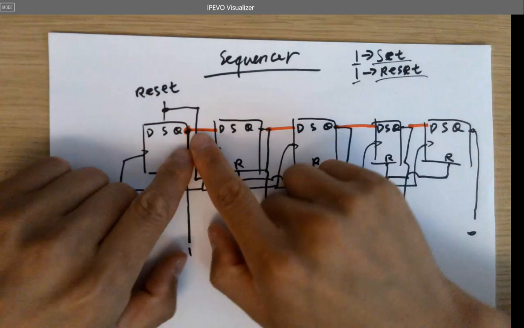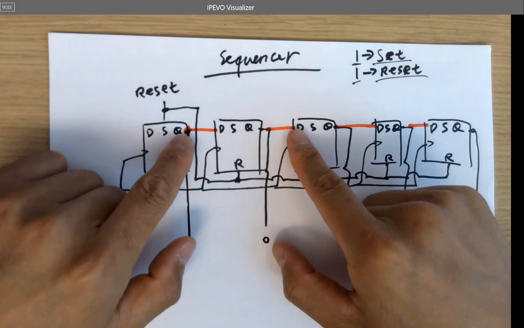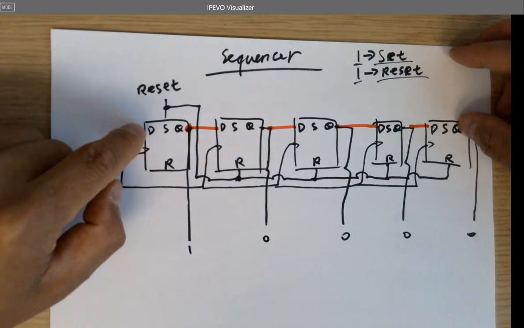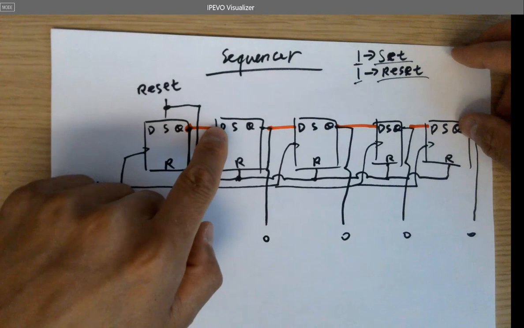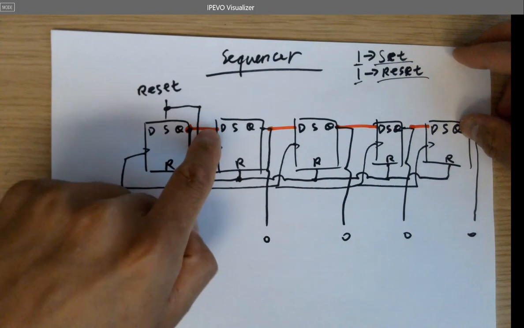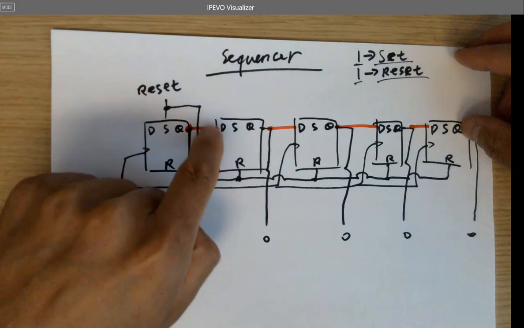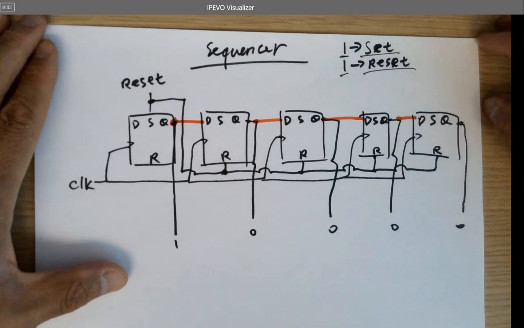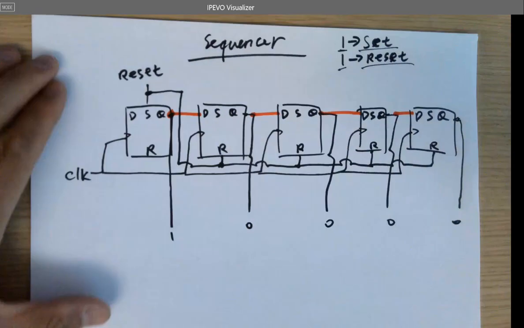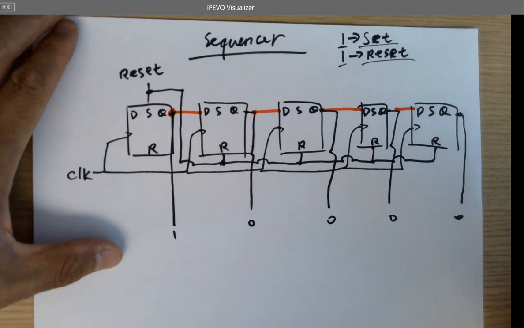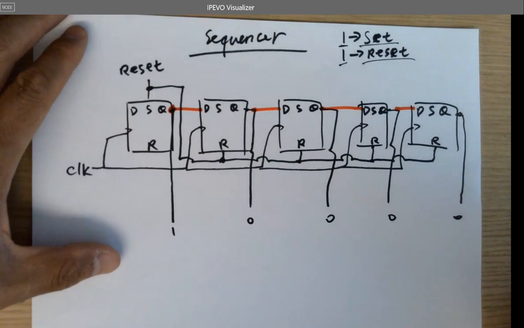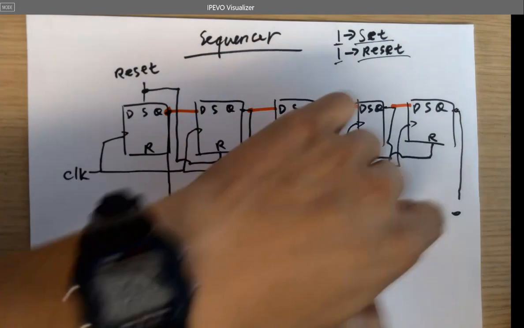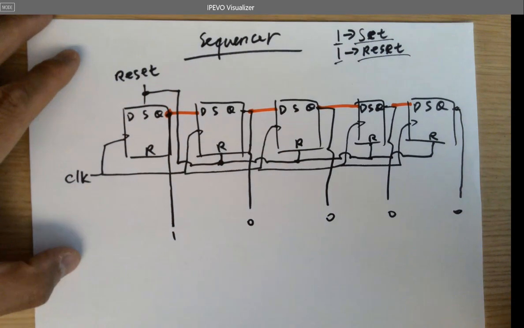Since I already shorted all the Qs to the Ds, it makes sense. It's a shift register. It's shifting the data to the right because every cycle it sends D to Q, and the Q becomes D. So the Q from the previous one sends that data to the next one. So it's a shift register, shifting the bits to the right. That's why we short them together to make a shift register. Okay, but we do need 1 0 0 0 0 at the very beginning. So how do we make it happen?